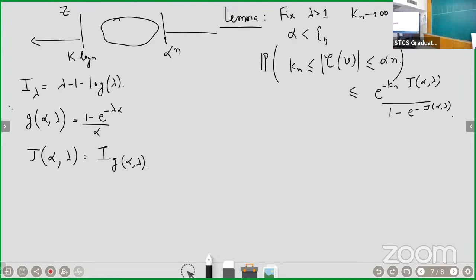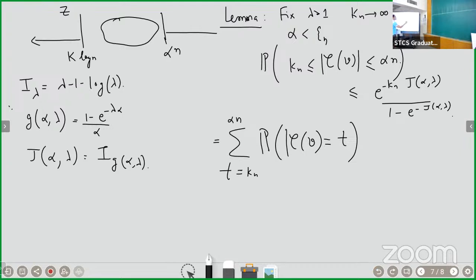So you also know what this cardinality is equal to as a function of S_t. This is equal to a summation of probabilities.